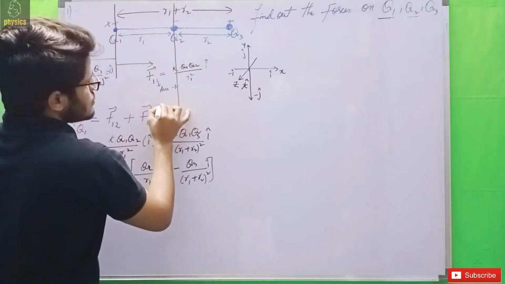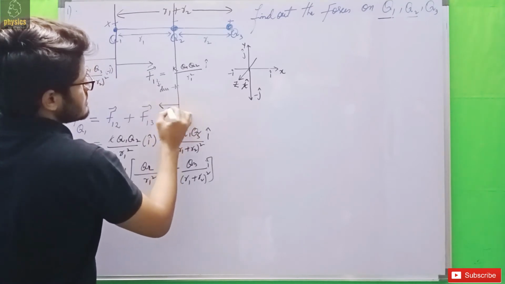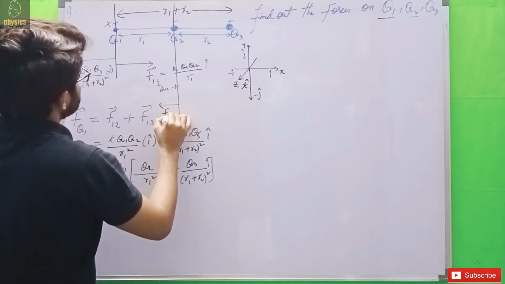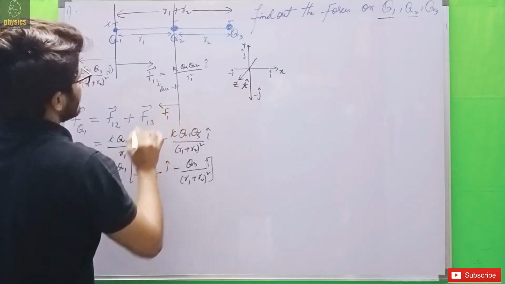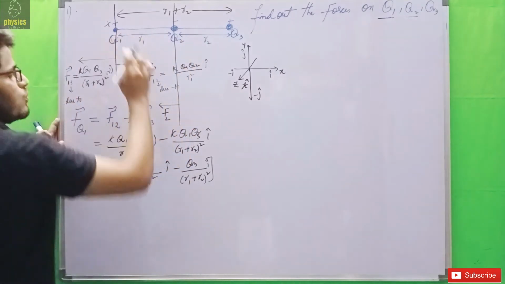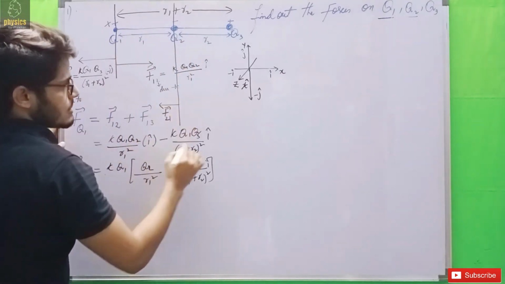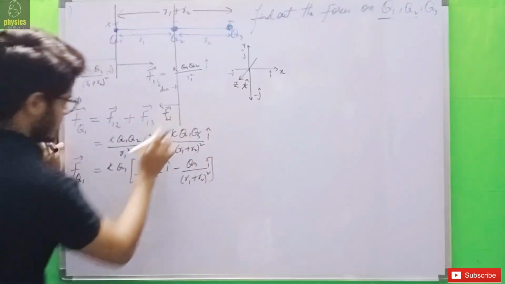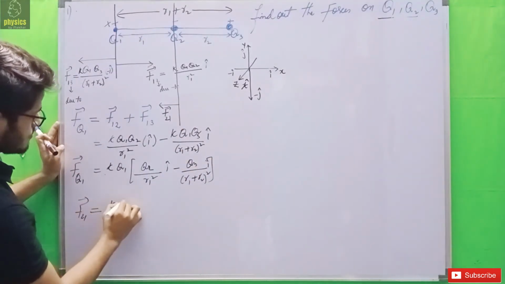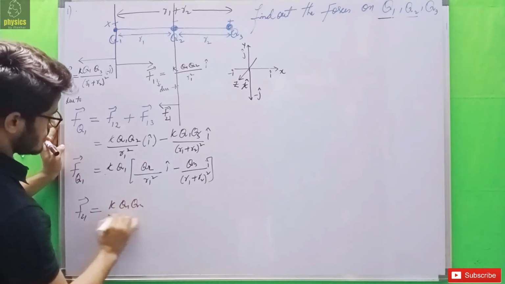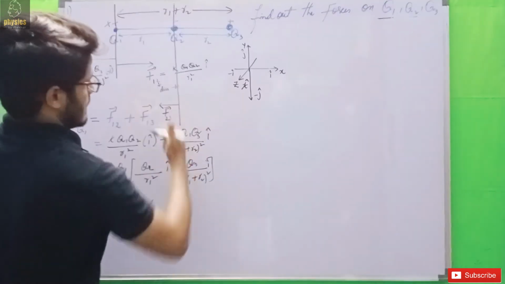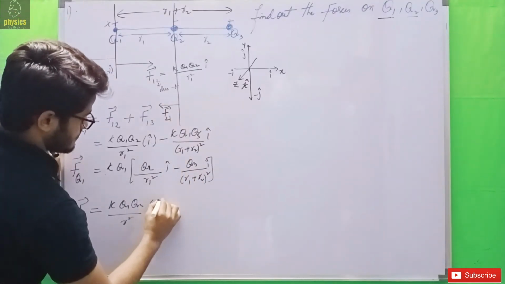The direction of the force will be this, and that force is the force on Q2 due to Q1. I am writing this force here: F21 equals K Q1 Q2 divided by R1 square. The direction of the force is minus I cap.